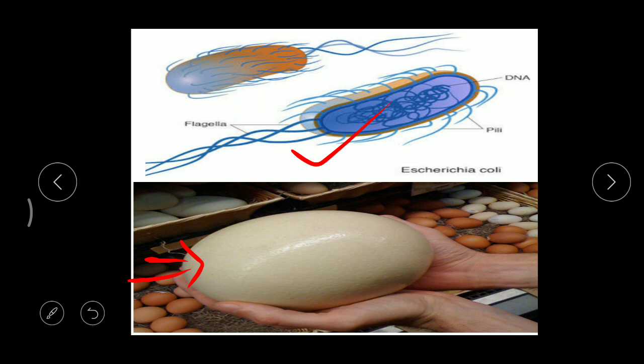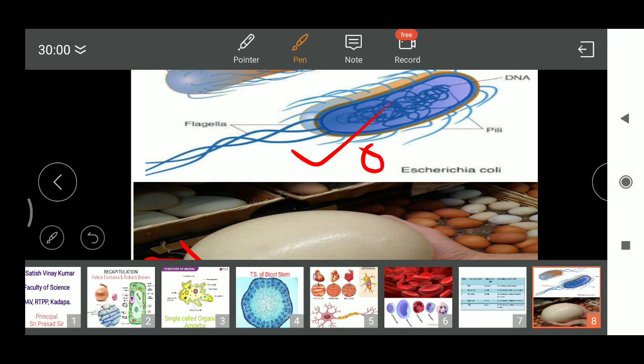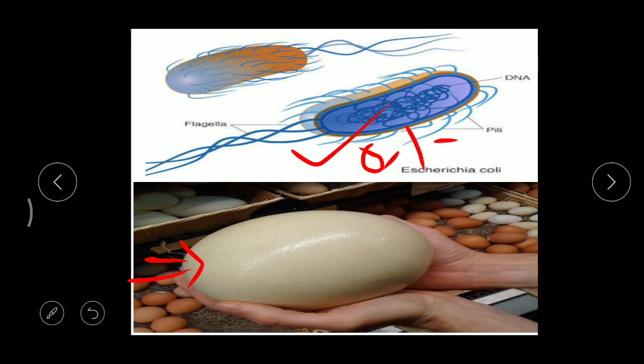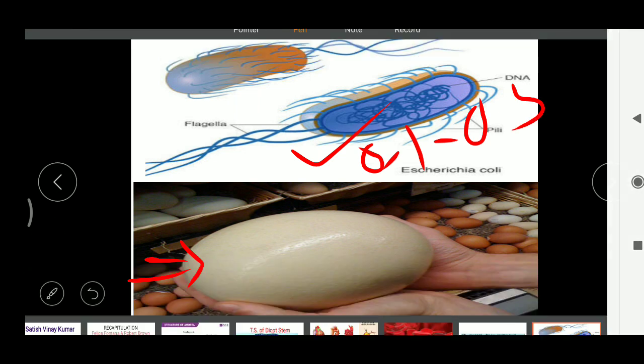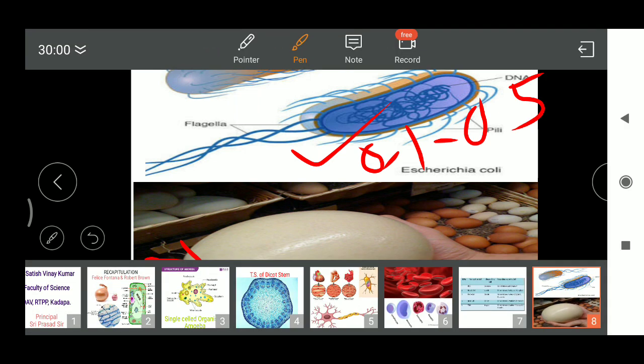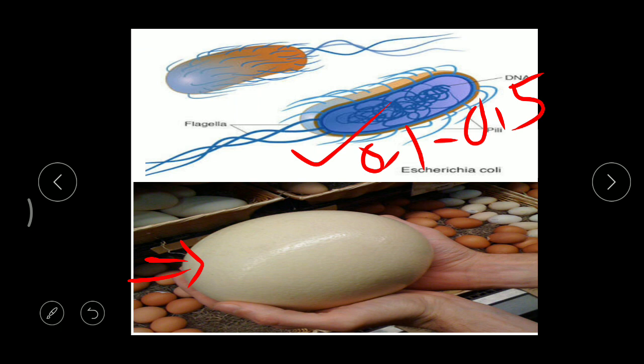This bacteria has a size of 0.1 to 0.5 micrometers, right? And this ostrich egg is 17 to 18 centimeters.